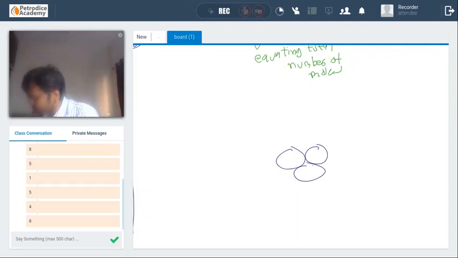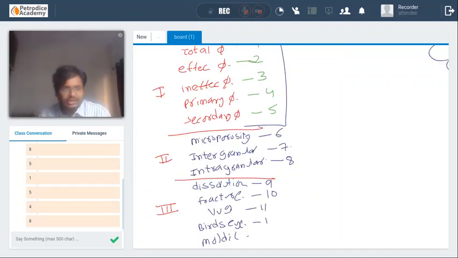It is intergranular porosity. Inter-college between two colleges, intergranular between two grains.